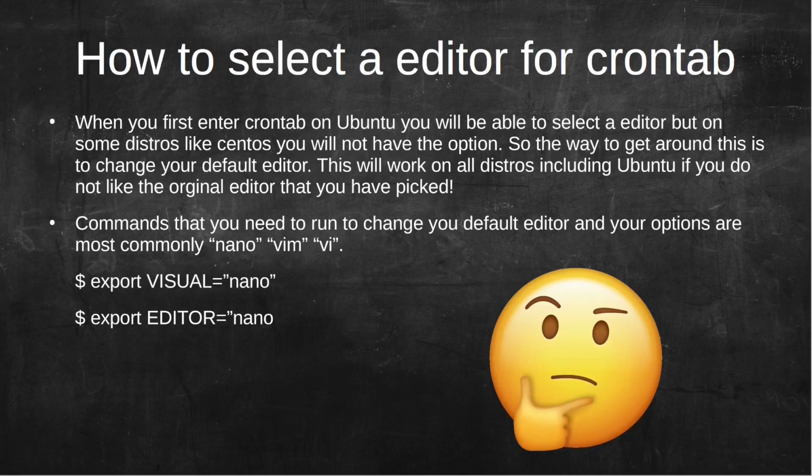If you want to change your default editor for Ubuntu, even after you selected it the first time, say for instance you picked vi the first time you entered the crontab, you can change it using the same method. You're just going to use the command export VISUAL=nano, or export EDITOR=nano, or whatever editor you want, vi, vim, and so on.